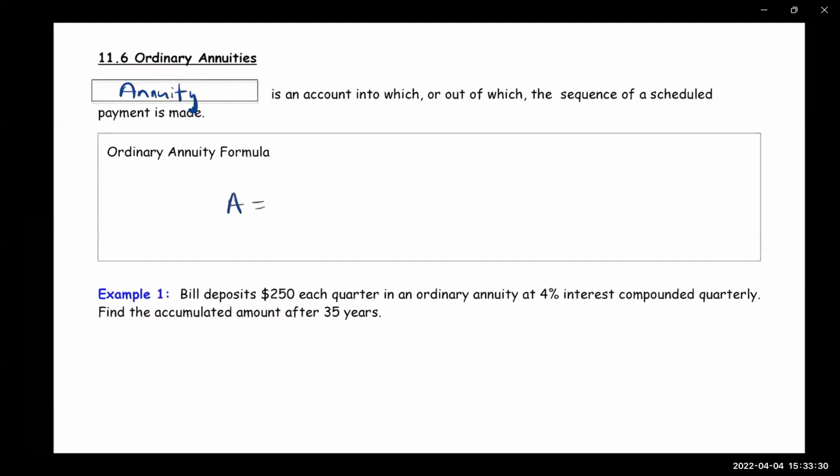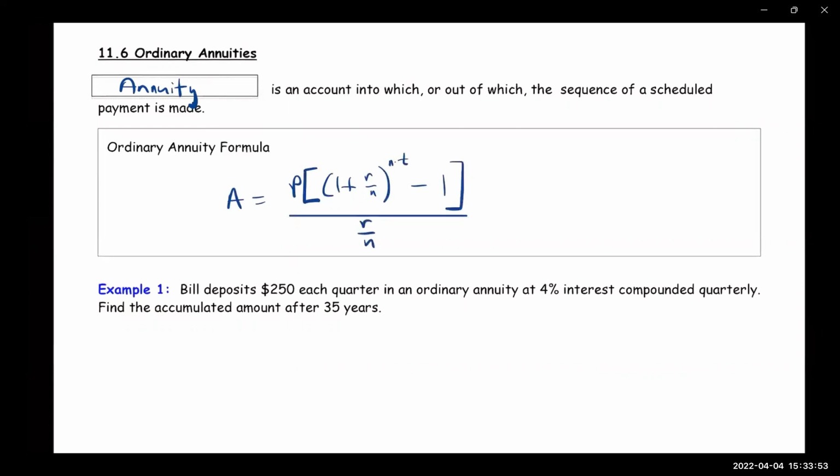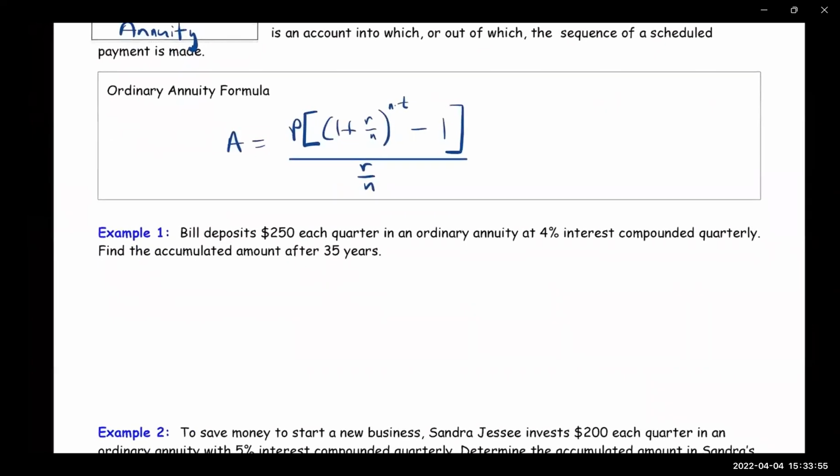So here's your formula. The annuity is going to be worth the principal amount that you put in, times 1 plus R over N to the N times T, minus 1, all over R over N. All right, so it's another one of those scary looking formulas.